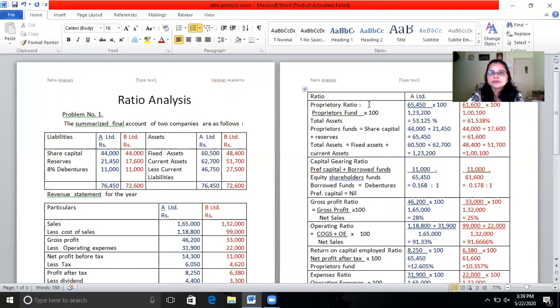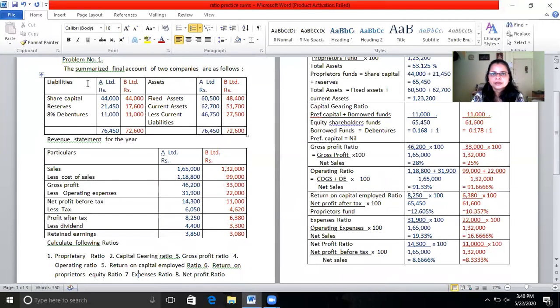So our proprietary ratio equals 61,600 upon 1,00,100 into 100, that is 61.538%. We can calculate it up to 2 digits, so your answer will be 61.54%.